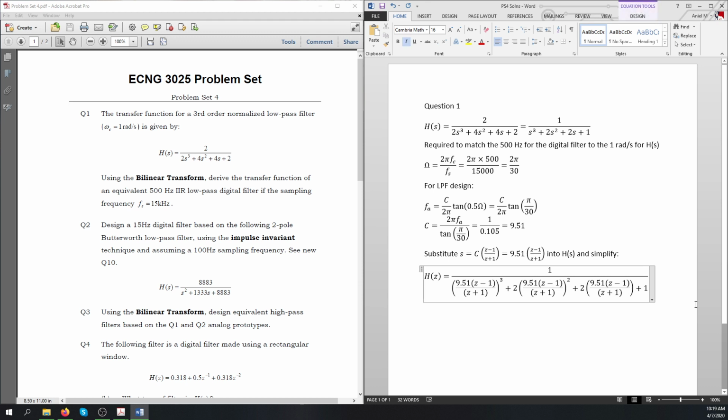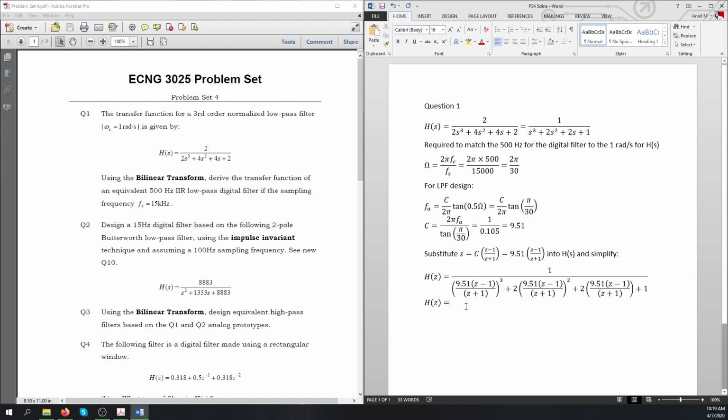Right, so now we have each of them in this long form here. The thing that we want to do is make sure that this resolves into a proper fraction. So that means the highest power of z on the denominator is going to be z plus 1 all cubed.